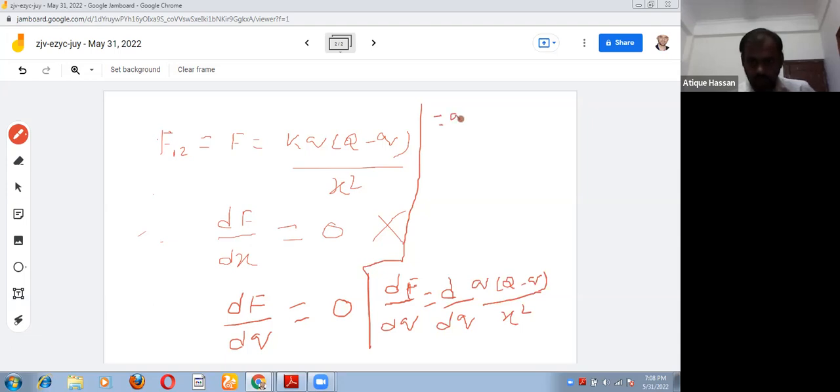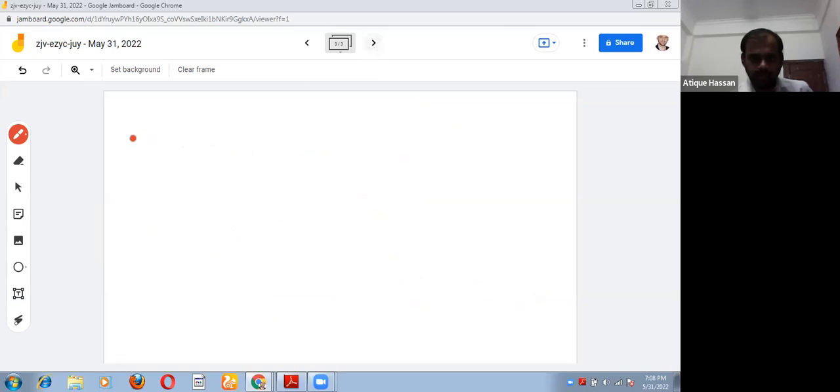What is the constant? x is constant. So dF by dq will be equal to k, and I will take 1 by x square outside because it is a constant.